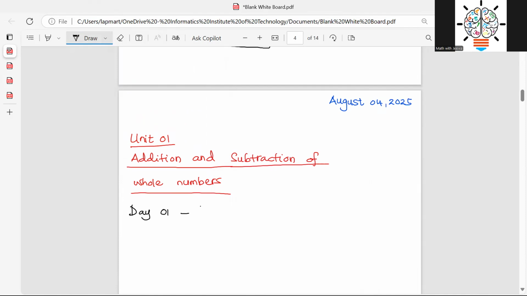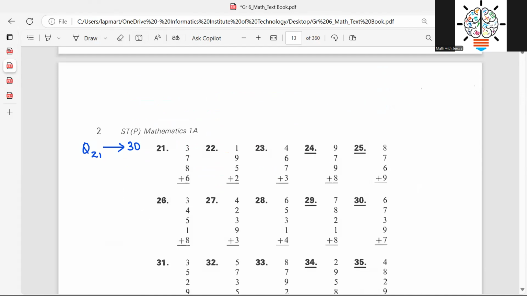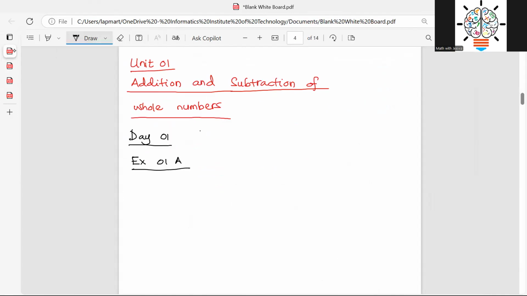Then the exercise number 1A. What's the page number? Page 1. Page 1, right? Question 1 to 10.